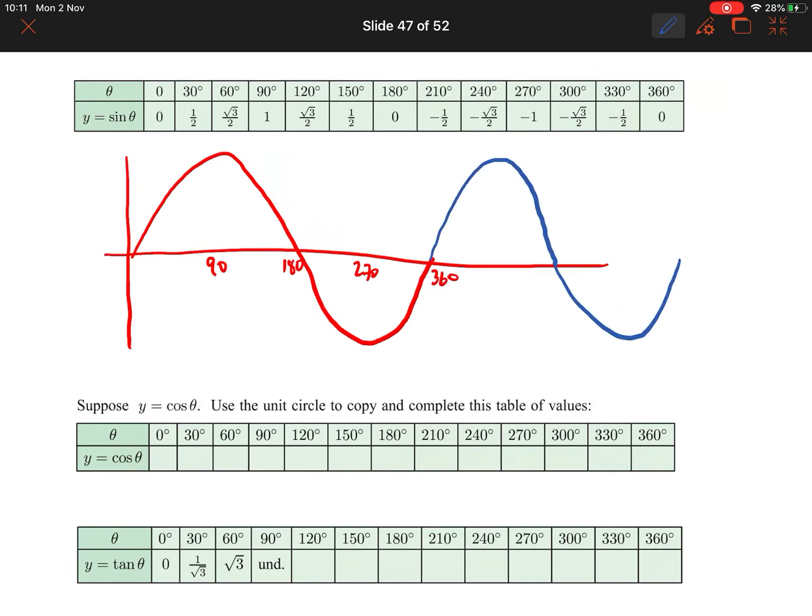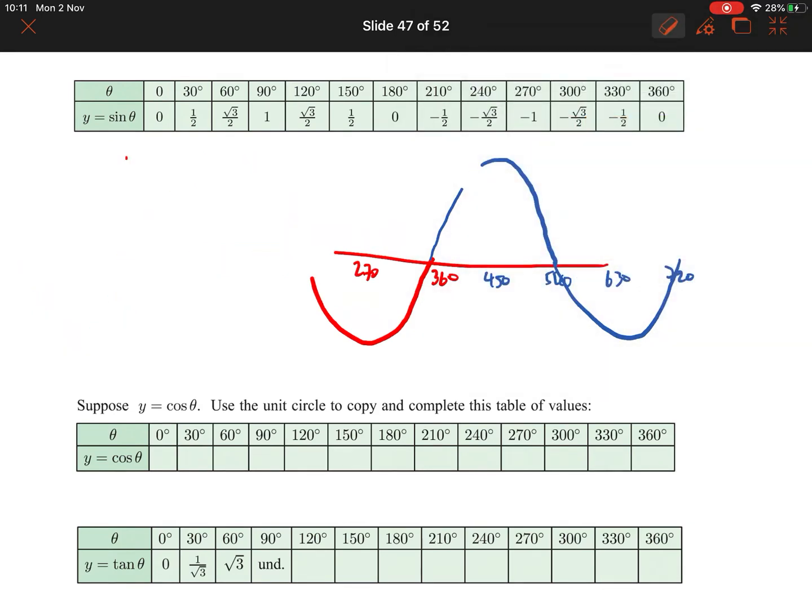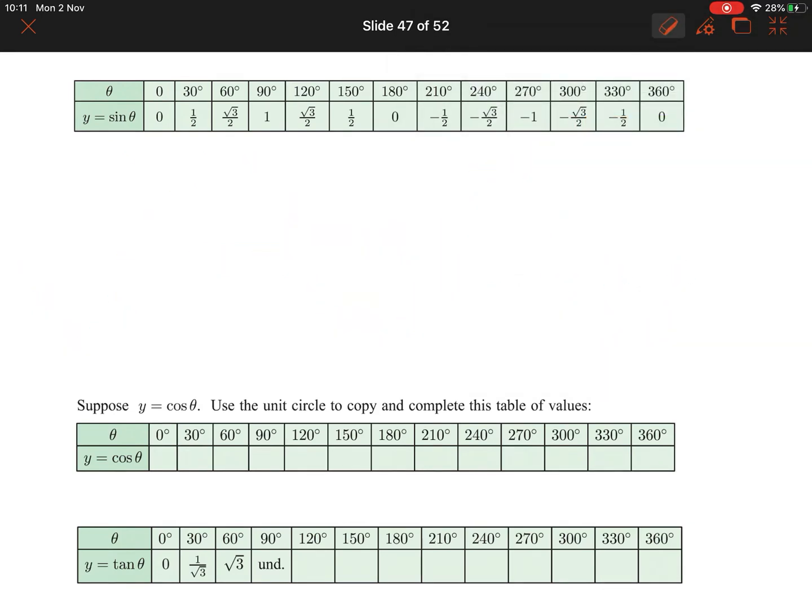You can go for angles bigger than 360 or even smaller. It will just carry on in that pattern: 450, 540, 630, 720. The pattern will continue. So that's what sine will look like.